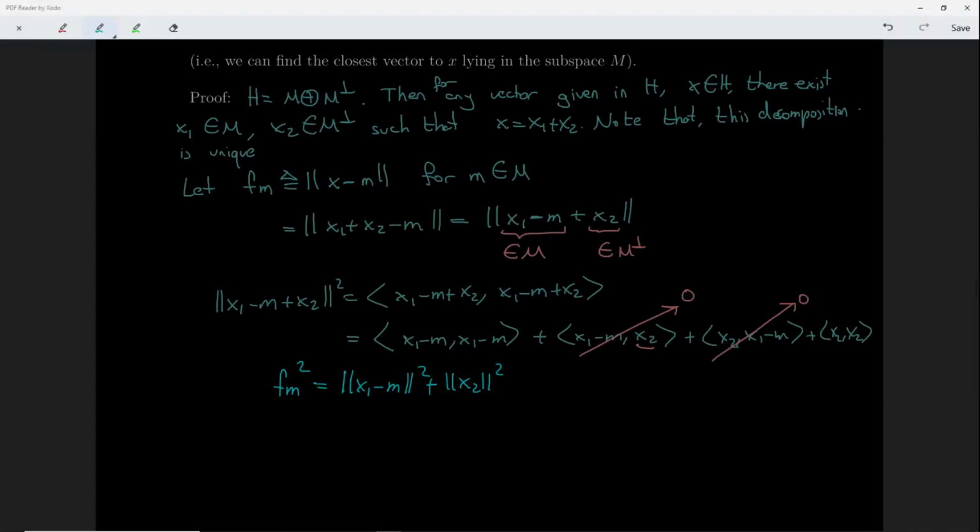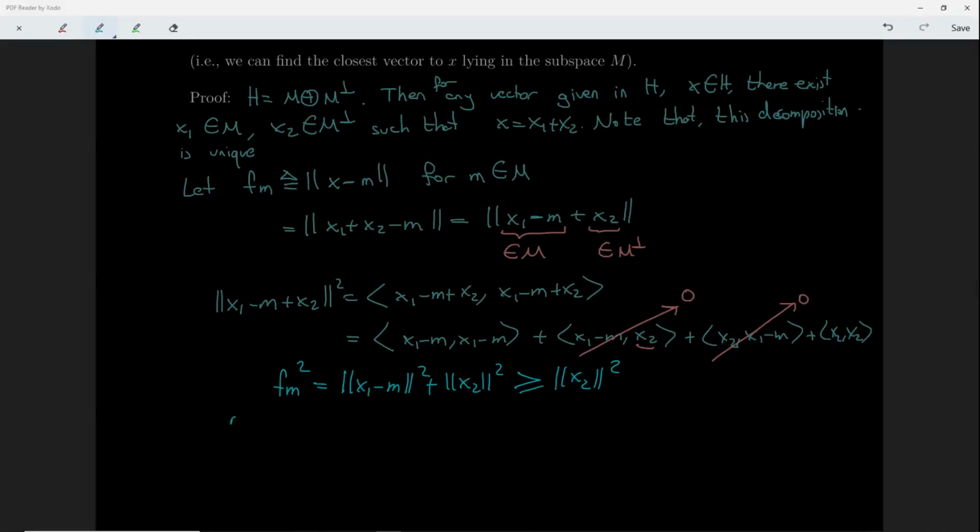As a matter of fact, m equals x1. Exactly. The thing is that this x2 square always remains there, right? So the left-hand side is always greater than or equal to norm of x2 square, so the minimum of Fm squared has to be greater than or equal to the norm of x2 square over here. And that minimum can be achieved if m is chosen to be x1, right?